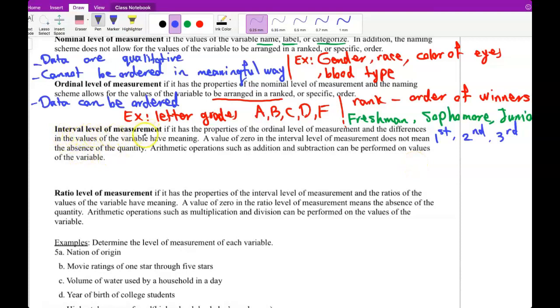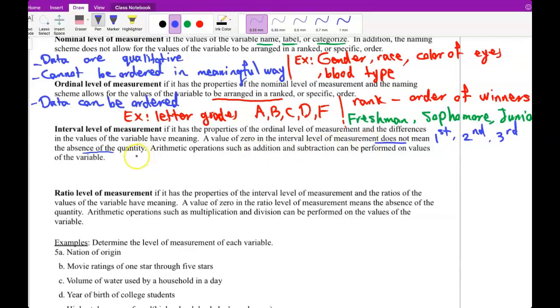Next point, interval level of measurement. Here again, this part deals with data that can be ordered. So it has properties of ordinal level, so we can order them. And on the property, the value of 0 in the interval level of measurement doesn't mean the absence of quantity. For example, if the answer was equal to 0, that doesn't mean that you don't have that part.